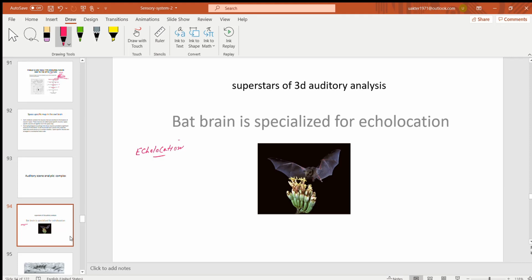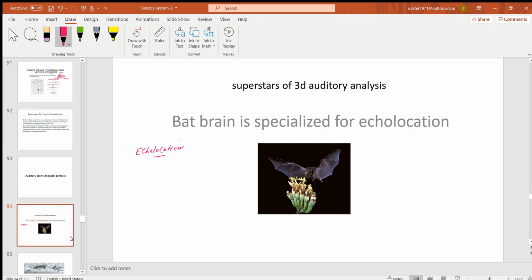In echolocation, the subject sends a pulse, that means a sound, and that sound will hit the surrounding objects, and the echo that returns would be analyzed by the auditory part of the brain of the echolocating animal.